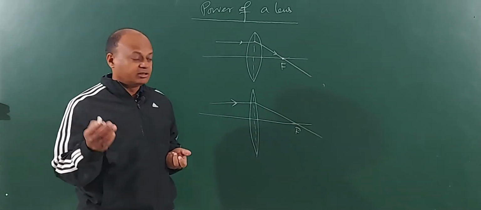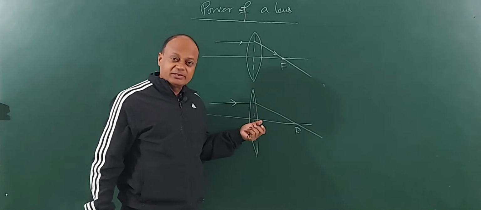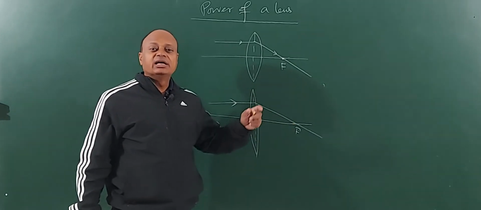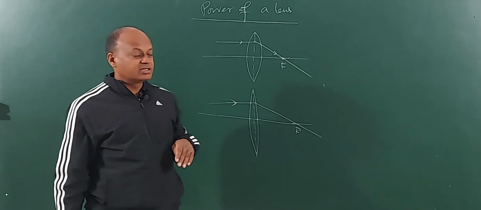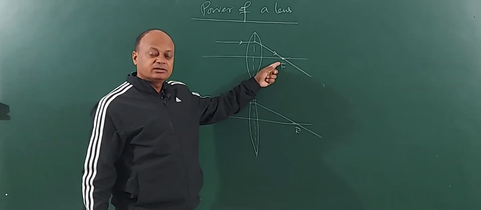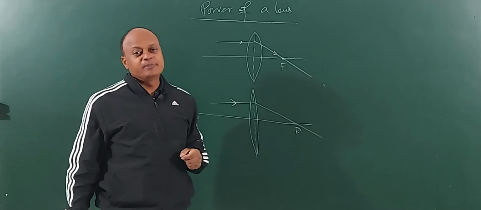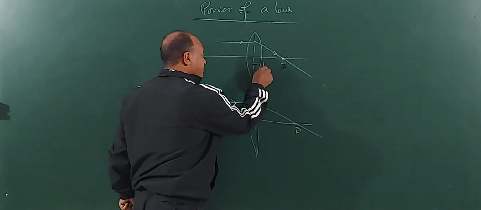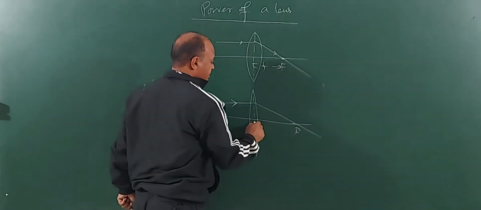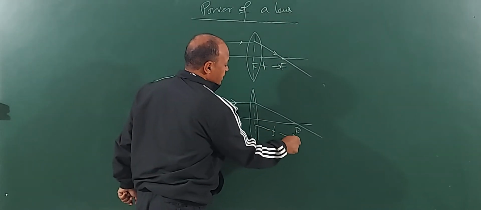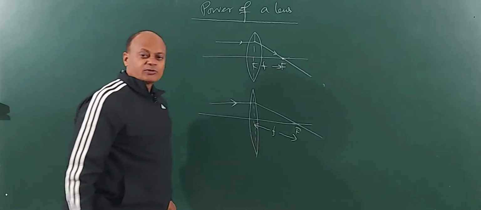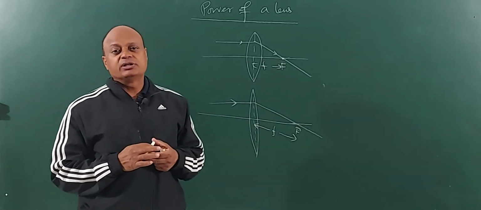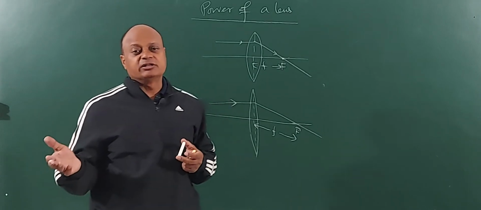So we state mathematically like this: the more the focal length, the less the capability to bend the light ray; the less the focal length, the more the capacity to bend the light ray. So we can say that the power of a lens is in fact the reciprocal of its focal length.